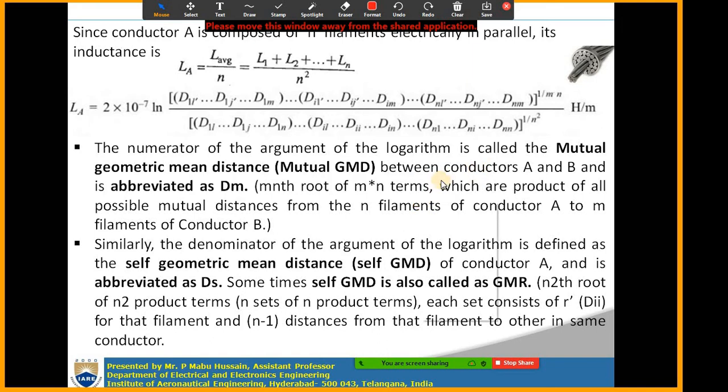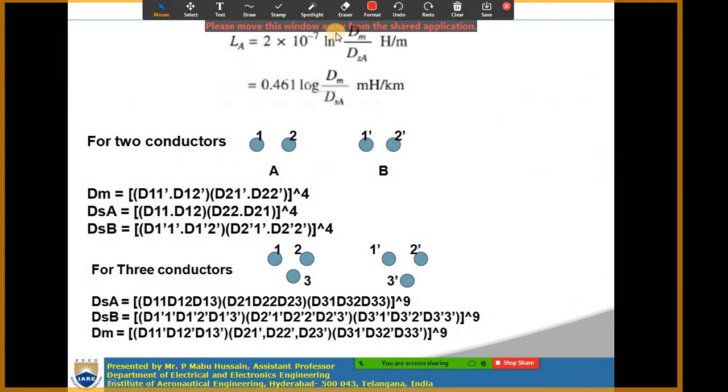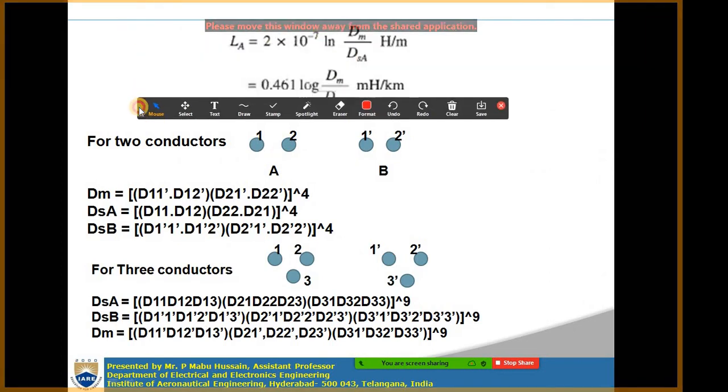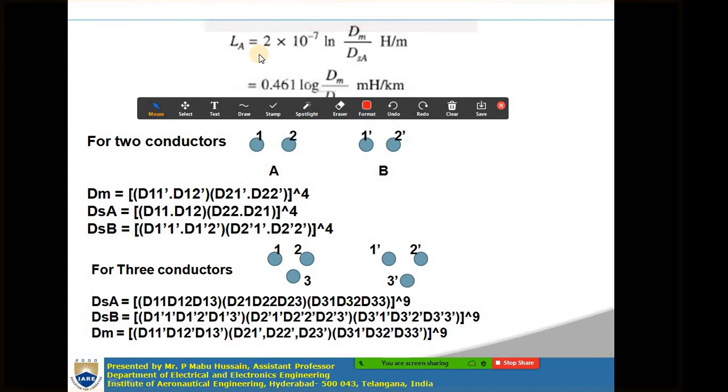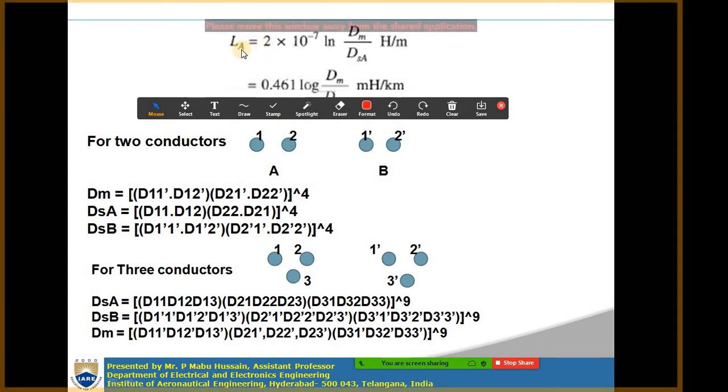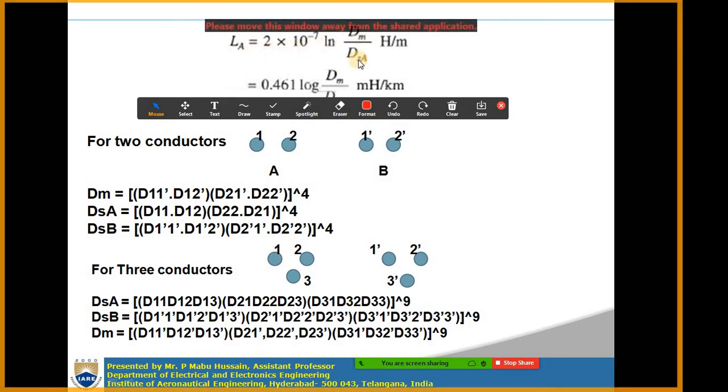Okay. If you do one problem, you can understand clearly. Right. If you see here, after getting the inductance of conductor A, that can be written as 2 into 10 power minus 7 ln dm by dSA.